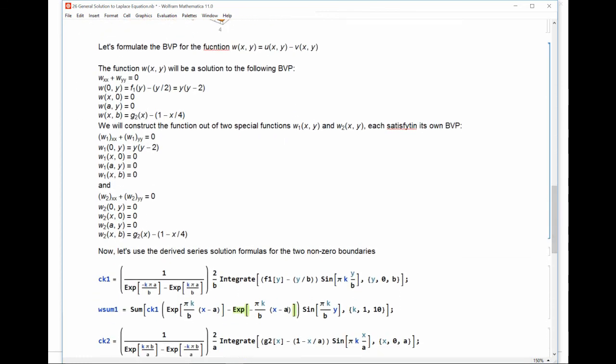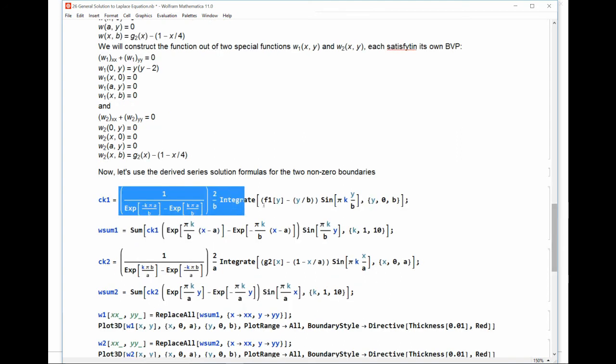So here I provide a quick outline of how we're going to break the boundary value problem into two subproblems. I have a boundary value problem with two non-zero boundaries, and I broke it into two subproblems where only one of the boundaries is non-zero. So w1 will be responsible for the boundary at x equals 0, and w2 will be responsible for the boundary at y equals b.